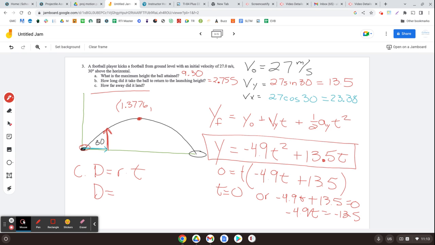The rate in the horizontal direction is 23.38 meters per second, times how long it took to get there, 2.755. And that's going to give us our distance. Times 23.38, and you're going to get 64.4 meters.